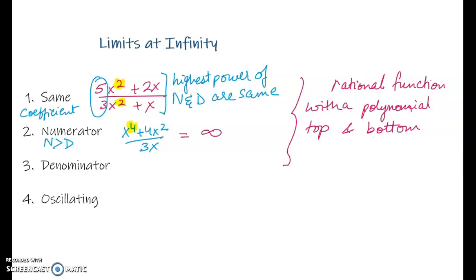Let's take the scenario for the denominator. Here the highest power of the denominator is greater than the highest power of the numerator. Let's change the example, say 4x squared over something else.